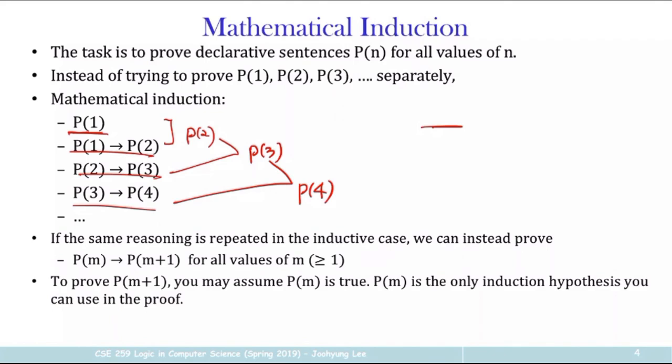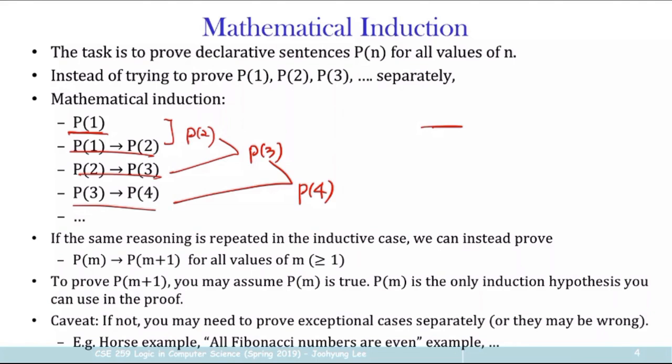And you can only use one induction hypothesis. If you try to prove the case of P of m plus 1, you can only assume the case just preceding it, which is m. So you can only assume that P of m is true when you prove the case of P of m plus 1. If you want to prove P of 100, then the induction hypothesis should be about P of 99. Okay, so let me make that clear.